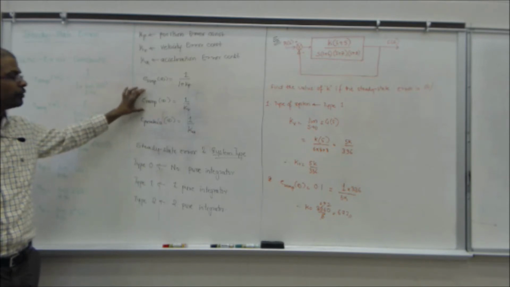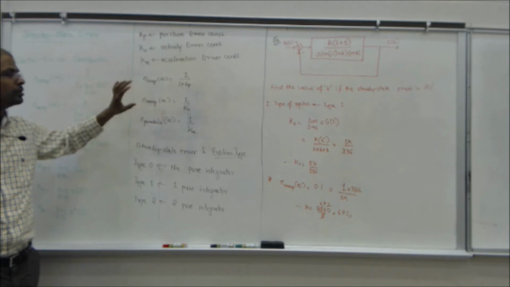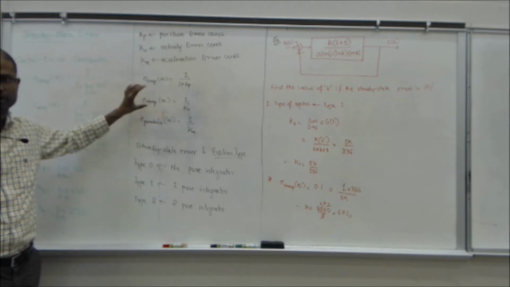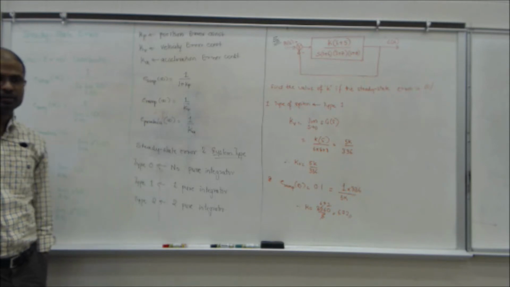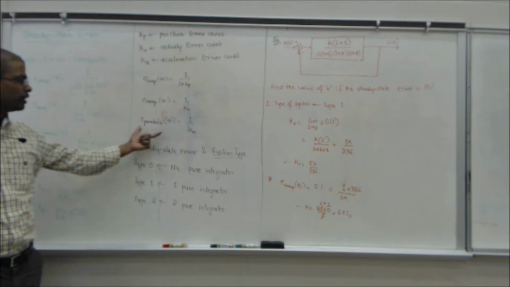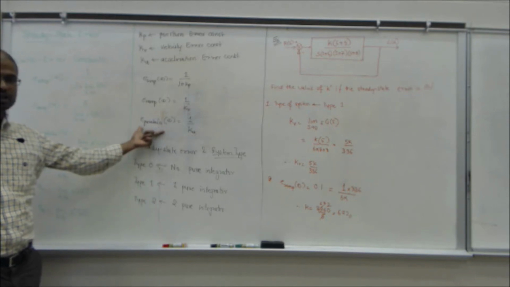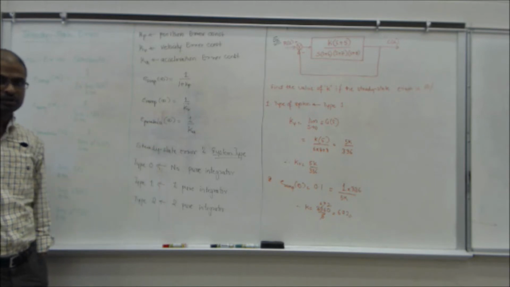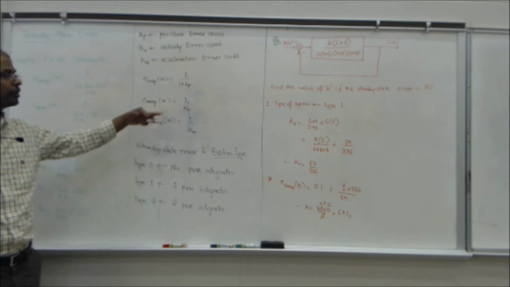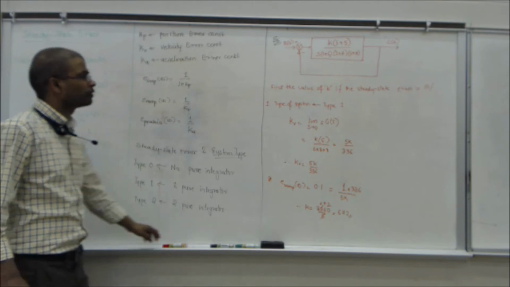You don't really have to memorize this. If you want, you can, but it's fairly simple and intuitive. Everything starts with the definition of steady state error. If you know what steady state error means, you can arrive at it by first principles.